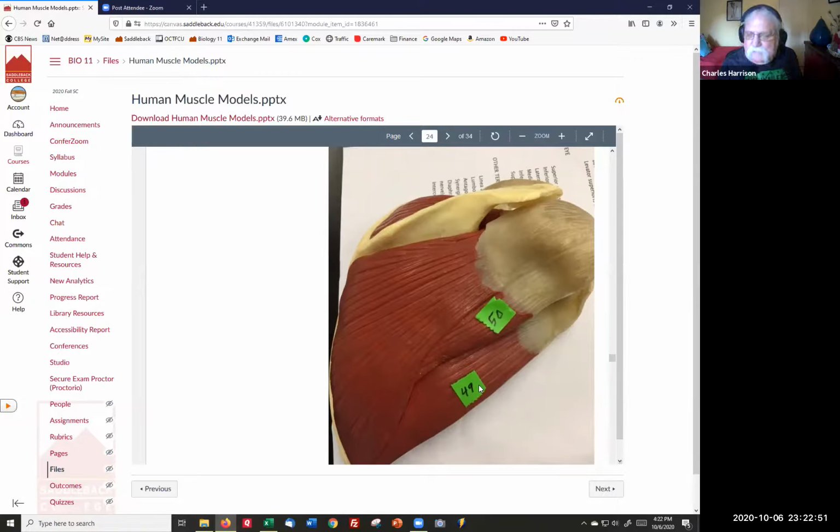In fact, it also inserts on the humerus to pull it back. A synergist of the teres major would be best picked out as the latissimus dorsi. Latissimus dorsi and teres major are synergists.